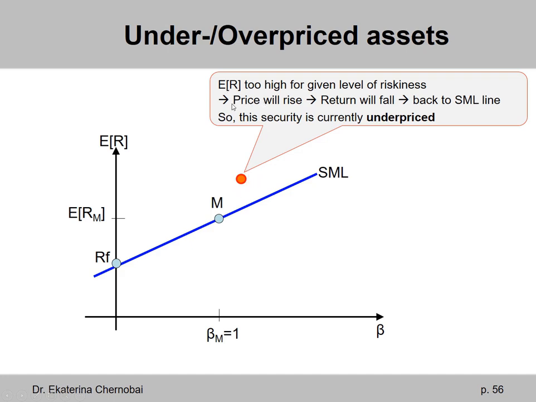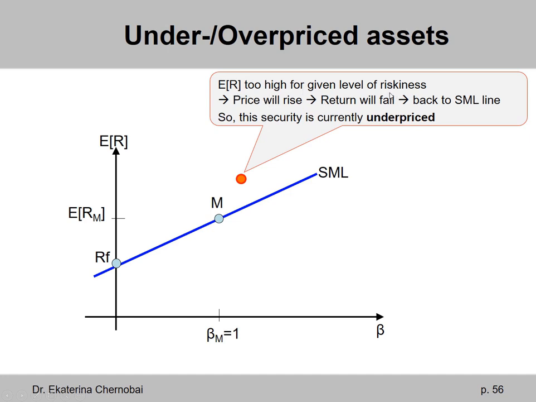And high demand means the price will rise. If the price rises, then eventually things will stabilize, because you will be paying more money today, and everything you get in the future, like the dividends, will become a lower percentage of what you paid, which is how we calculate the return.